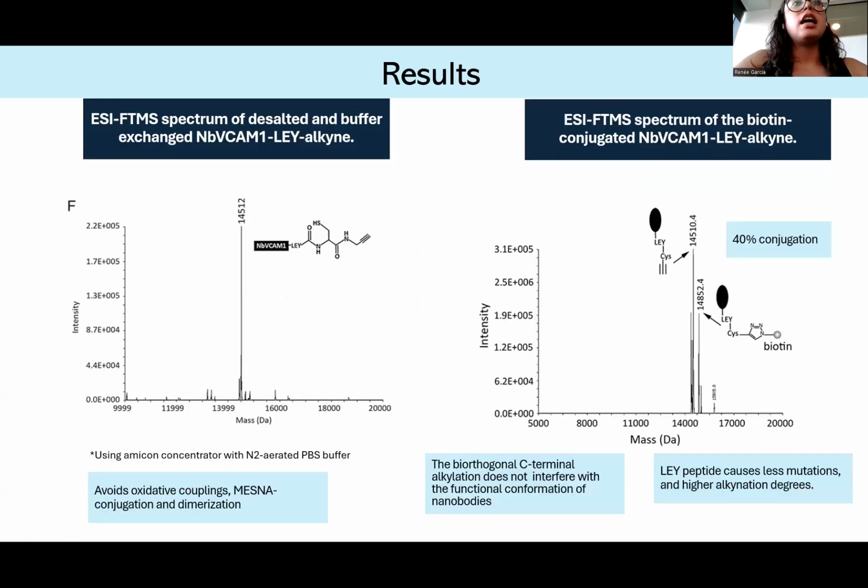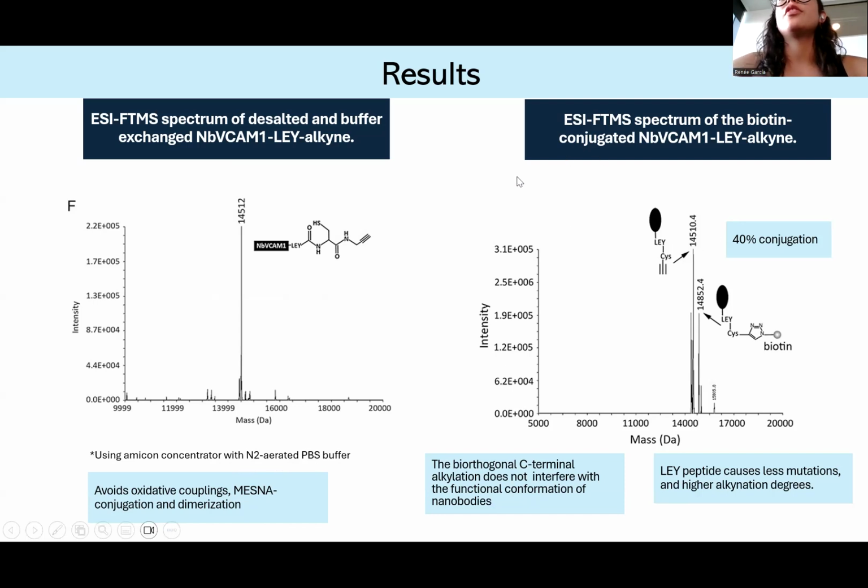Then for the ESI-FTMS spectrum of the LAY spacer, what we can see is that after purification, using this buffer, the N2 aerated PBS buffer, it avoids oxidative couplings, mesna conjugation, and dimerization, since we can see only one peak, which tells us that it's very pure.